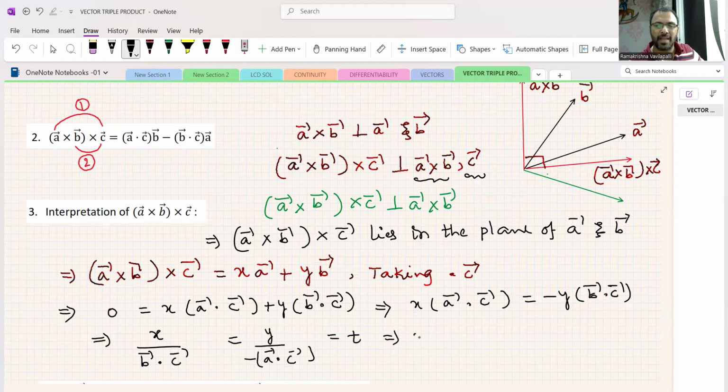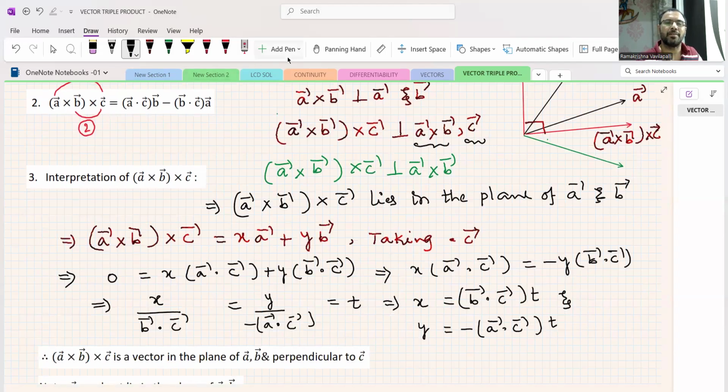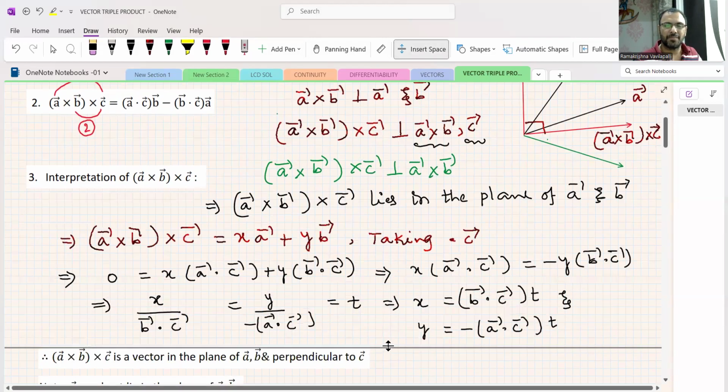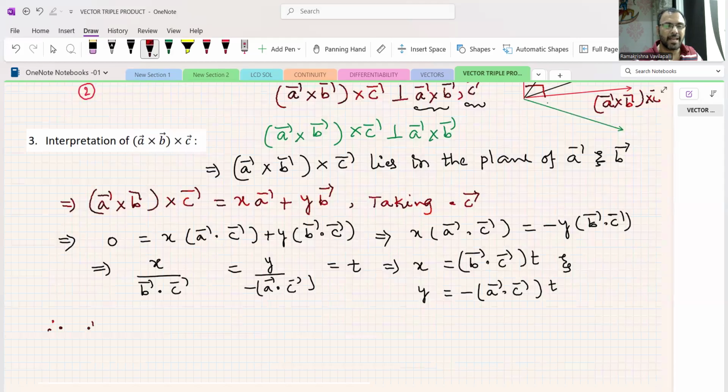Then you will have that X equal to, on cross multiplication, B bar dot C bar into T, as well as Y is equal to minus of A bar dot C bar into T. Substituting back these values in that X A bar plus Y B bar, therefore A cross B cross C equal to, you will have X equal to B bar dot C bar into T. So I'll take T as common.